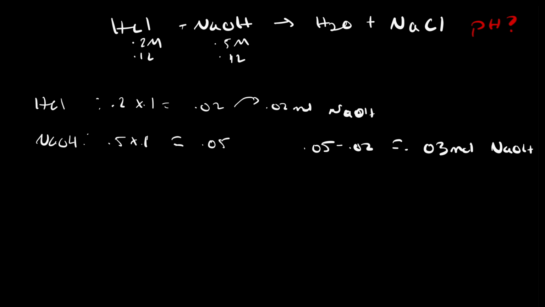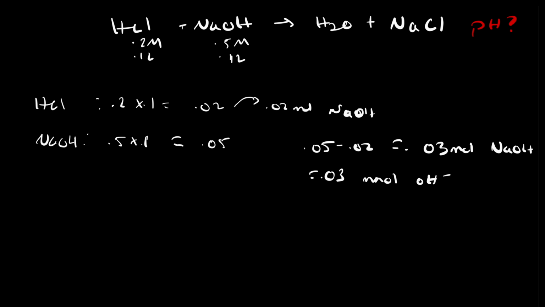And again, a strong base definition means that it will completely ionize, 100%, which means that 0.03 moles of NaOH would yield us 0.03 moles of Na plus and 0.03 moles of OH minus. So we can say we have 0.03 moles of OH minus.